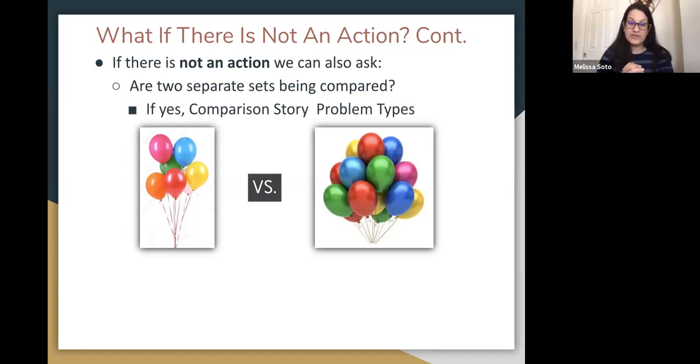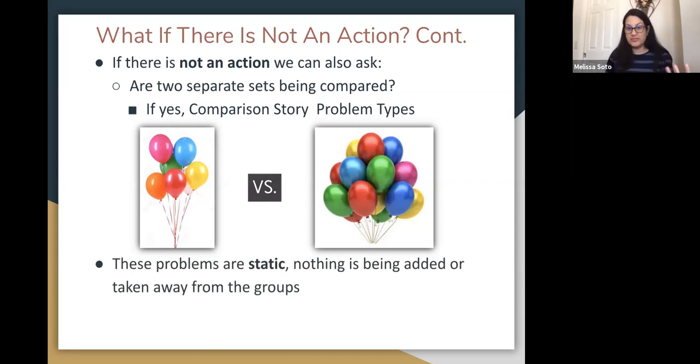A lot of times people will try to combine the sets together, and it is a little bit more complicated for students because they see them as 2 separate sets rather than one set that we're just taking parts off. So these problems, the part, whole and the compare story problems, are static. There's nothing being added, nothing being taken away.